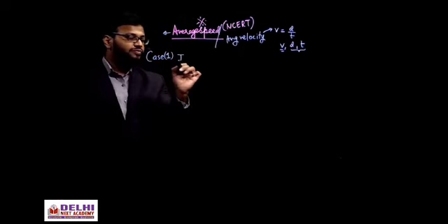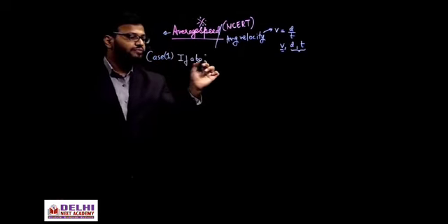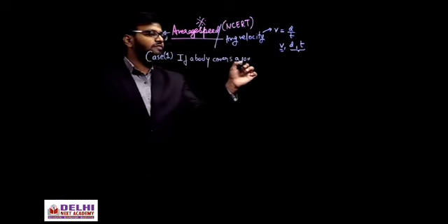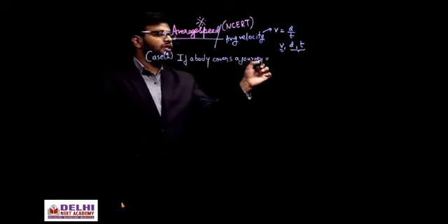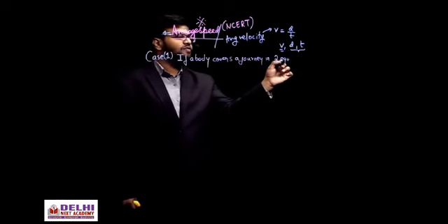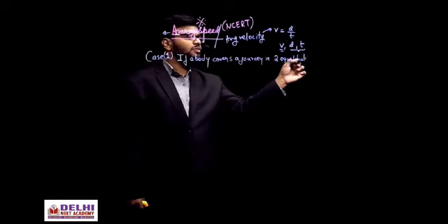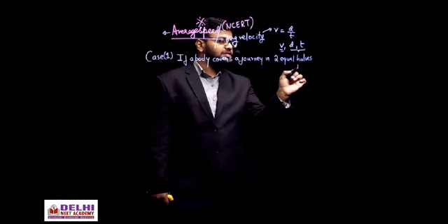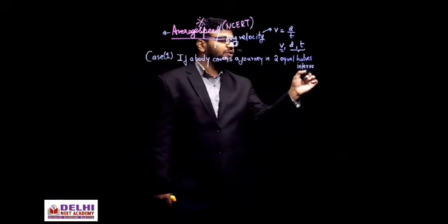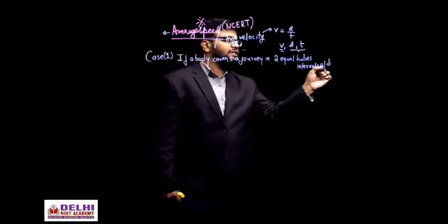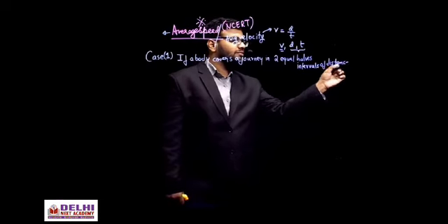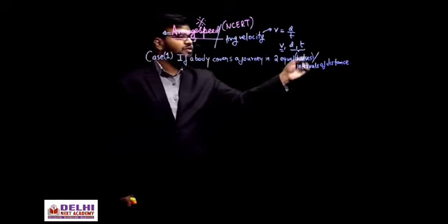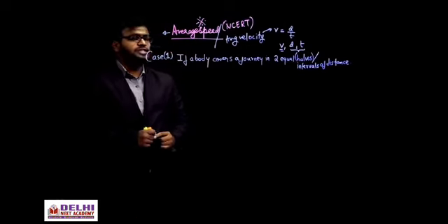So case 1: if a body covers a journey in 2 equal halves, or in 2 equal intervals of distance, both are the same.